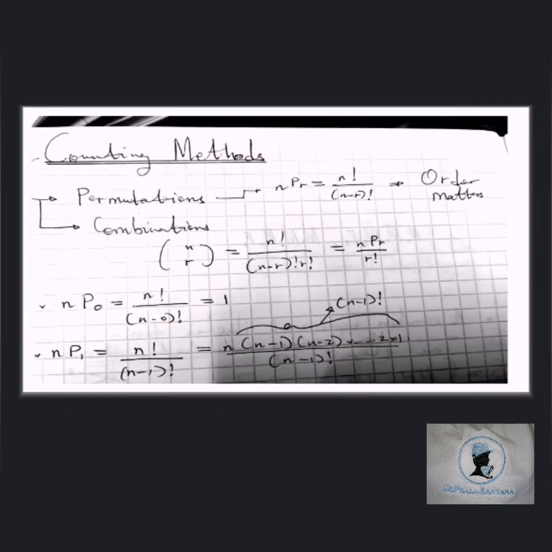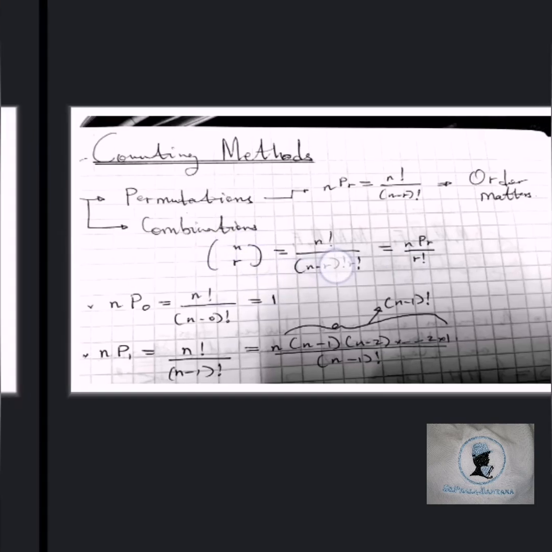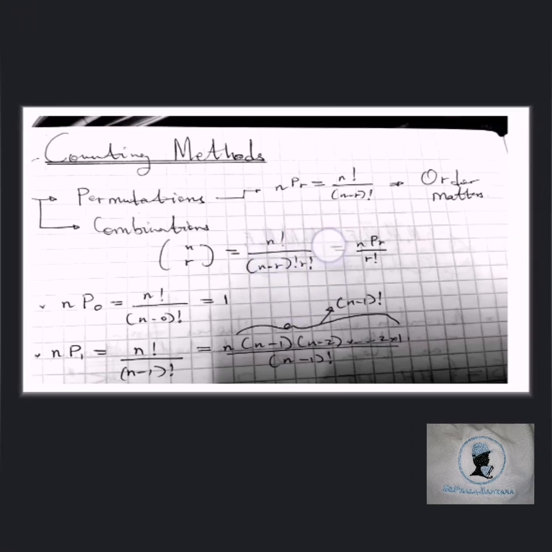So counting methods, this is just a summary of all the things I've been saying. These are the formulas in your slides that you are familiar with right now. This is n choose R, where I've already shown you this formula, and again you can represent it in terms of permutation by saying that it equals n permute R divided by R factorial.